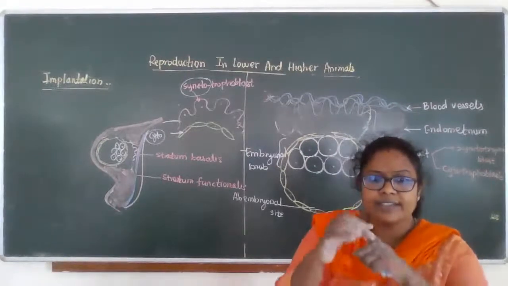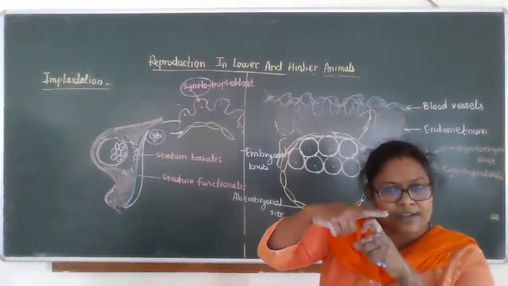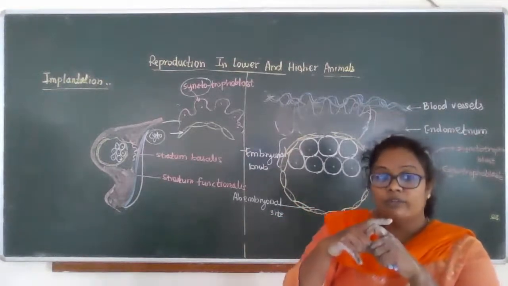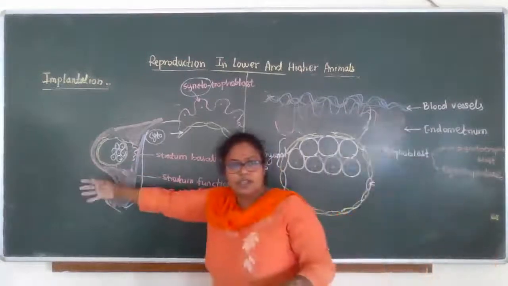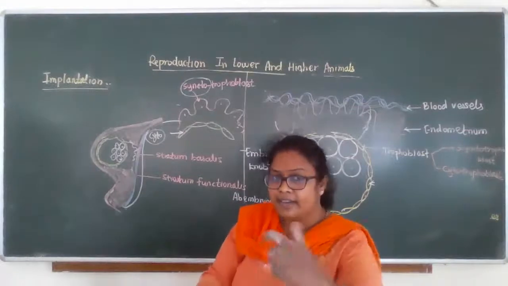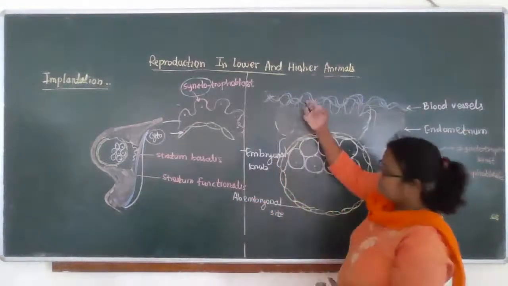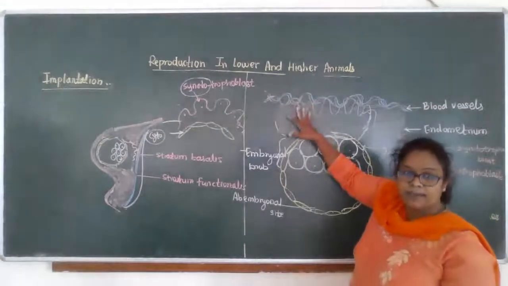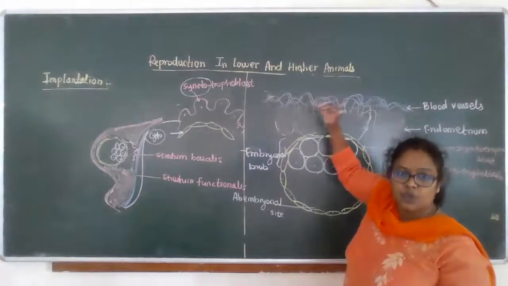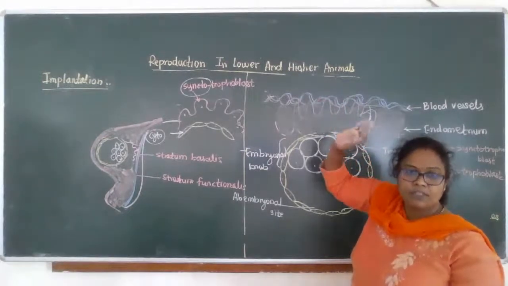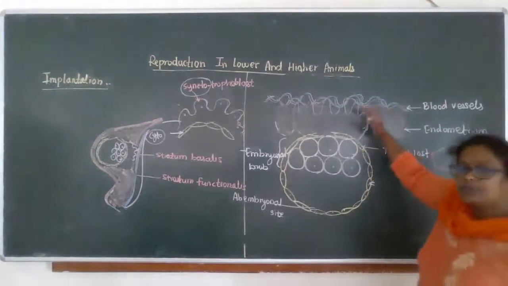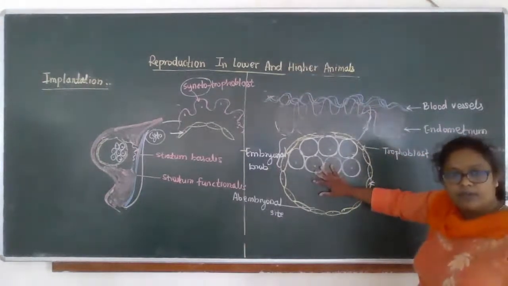Now these inner trophoblastic cells come in contact with the blood vessels of the mother, and now it is not in the uterus, it is in the endometrium, and from there it gets nourishment. Then it gets nourishment from the blood of the mother. Now from this side, it starts to take nutrition from the mother's blood for its further development. Clear?